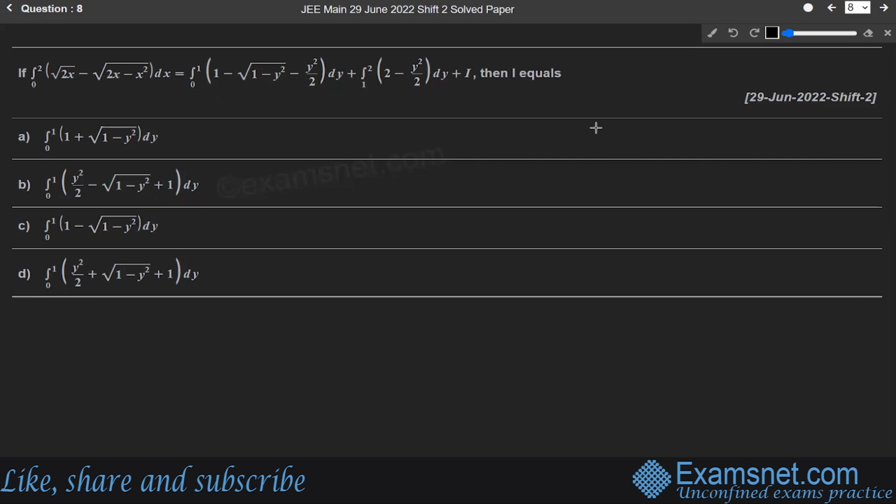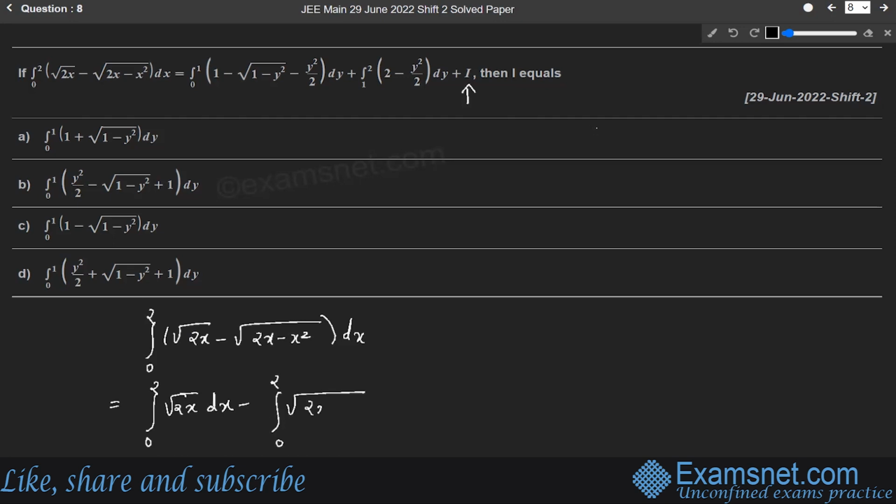To get the value of I, which is on the right hand side, we first need to evaluate the value of left hand side. So what is the integral part on the left hand side? It is integral of 0 to 2 under root of 2x minus under root of 2x minus x square dx. So it will be equal to integral of 0 to 2 under root of 2x dx minus integral of 0 to 2 under root of 2x minus x square dx.